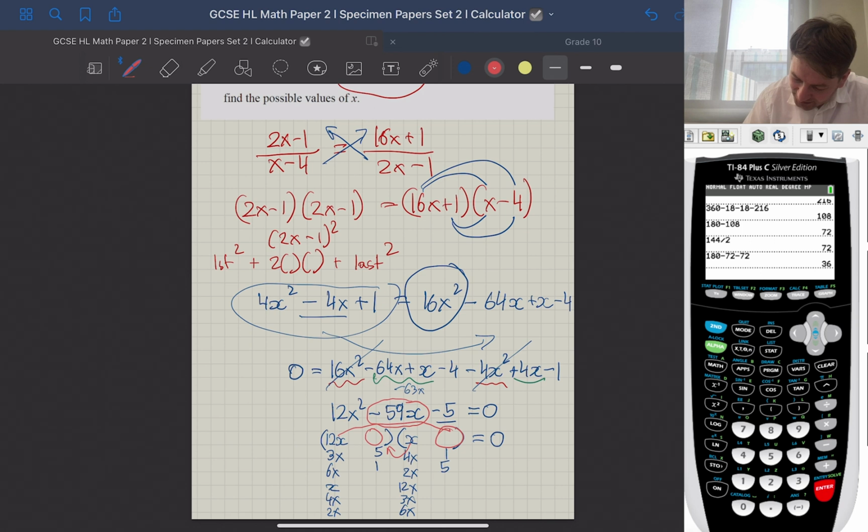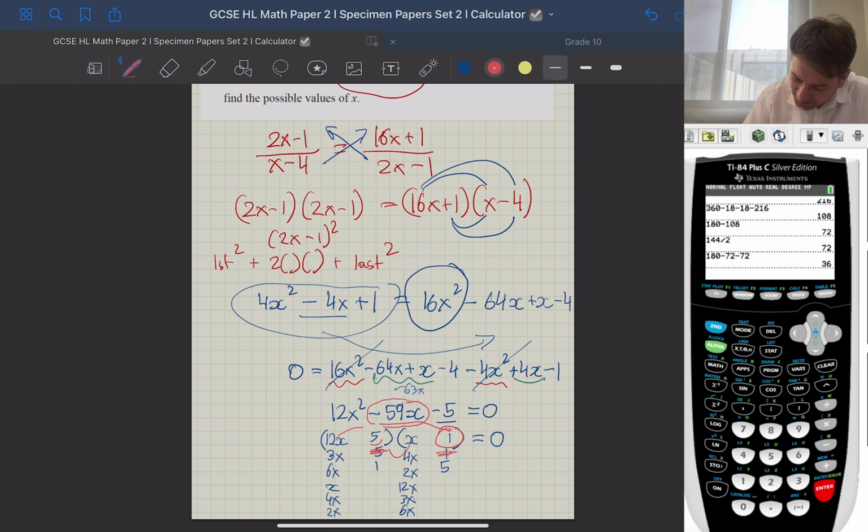I am going to place here 5 and 1, and we'll see what happens if I can make 59 out of this. 12 times 1 is 12. Let's skip the x for now. 5 times x is 5. Can I make 59 out of this? There's no way. Even if I put plus, minus, minus, plus, it doesn't matter. I will not make 59 out of this. This means that we need to reject this option. Reject the 5 and 1 with the 12 and x.